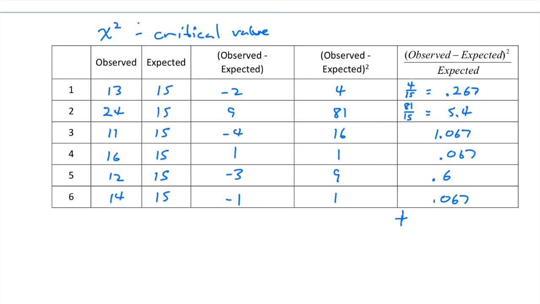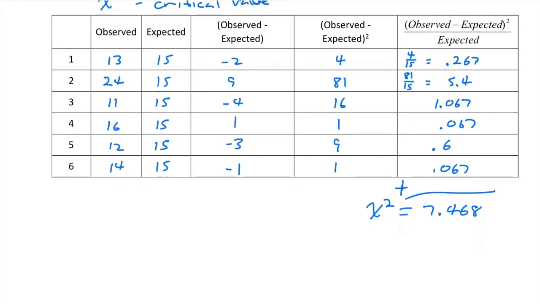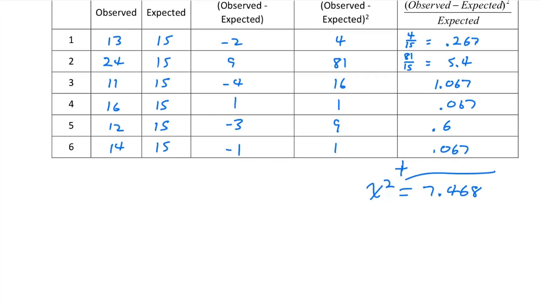So like I said, we're going to add these all together. And when we add these together, we get 7.468. And this is our chi-square value. This is that critical value now that we're going to look up in the table to find P. Just like T, we need a DF here.